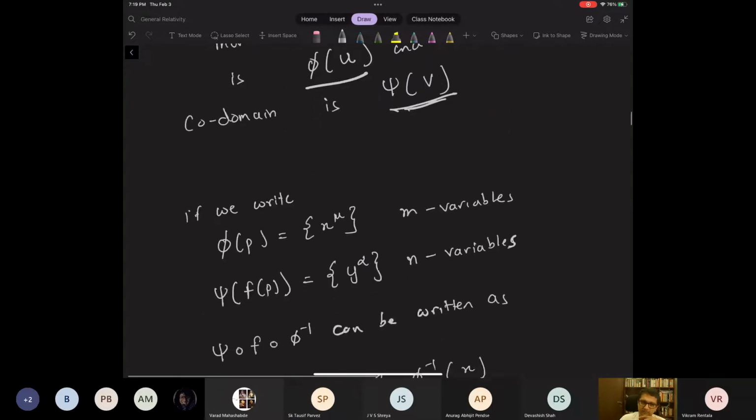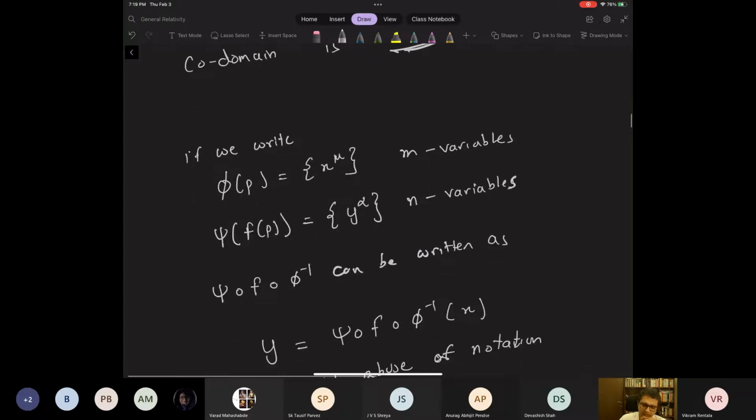Now if we write phi of p, that is the coordinates of p, we just denote them as x^mu, as we've been doing before.